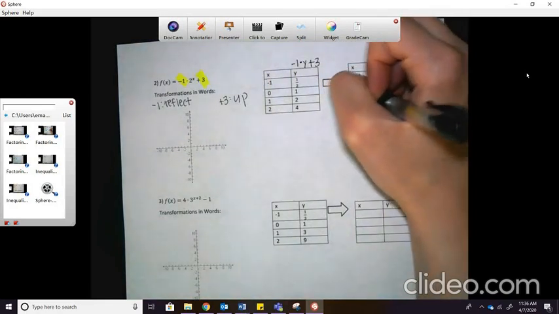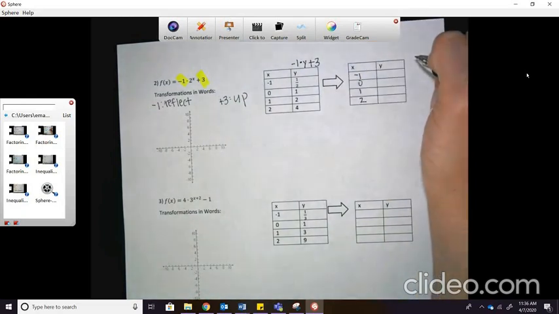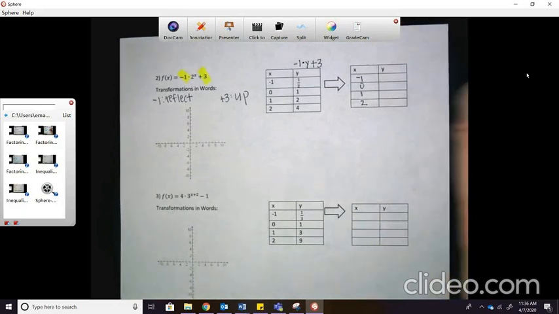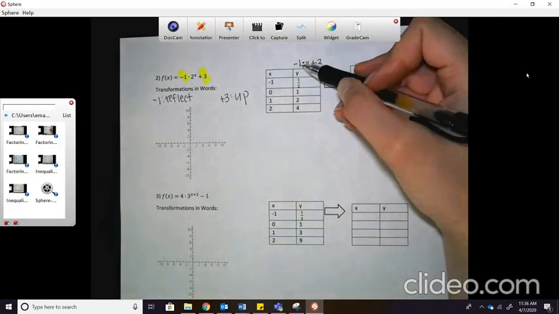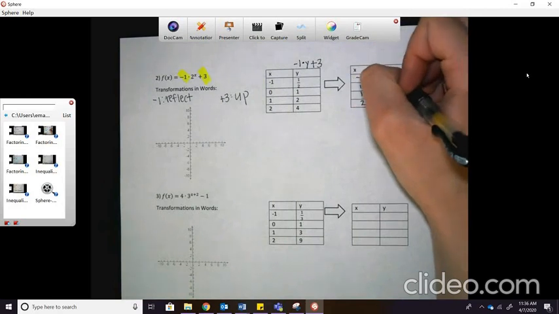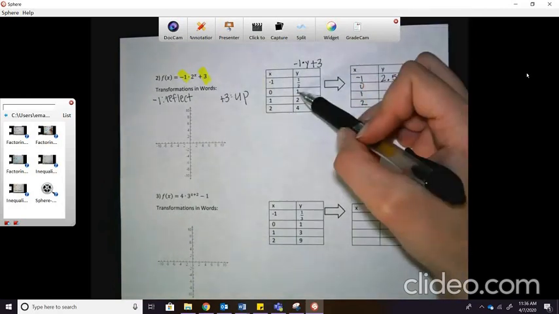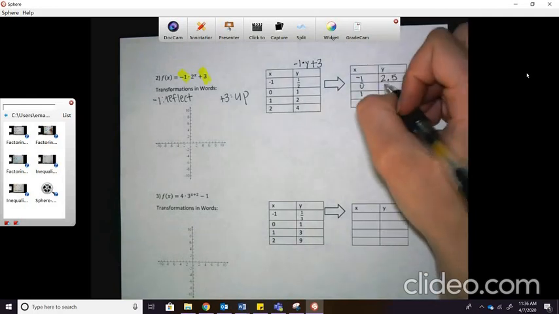I'm not moving left or right. So I'm going to multiply by negative 1, then add 3. Order of operations, multiplication comes first. So 1/2 times negative 1 is negative 1/2, plus 3 would be 2.5, since you guys like decimals. Negative 1 times 1, negative 1 plus 3, 2.